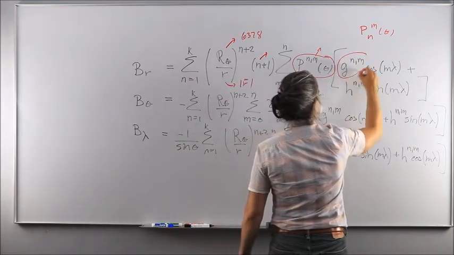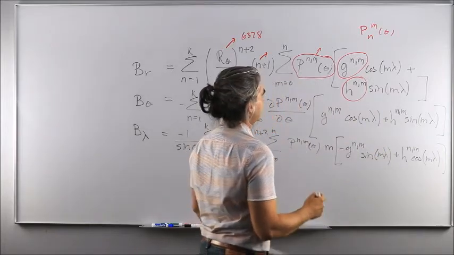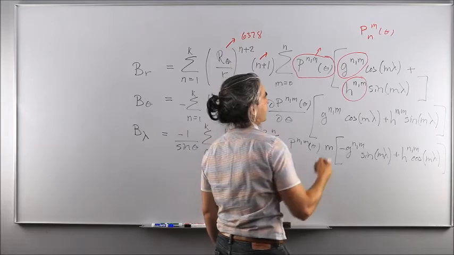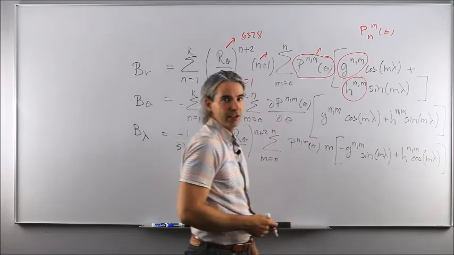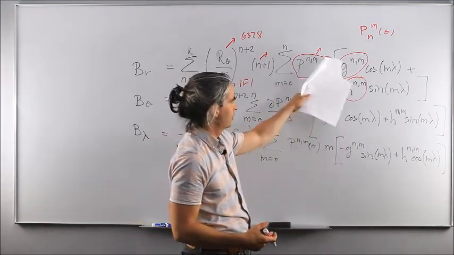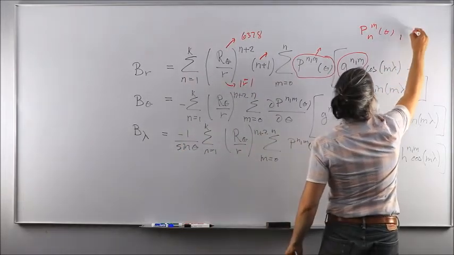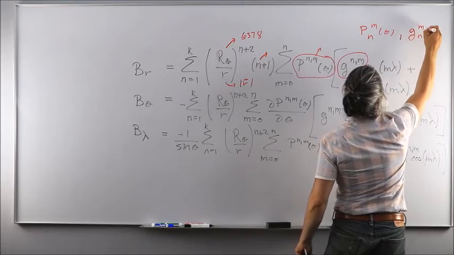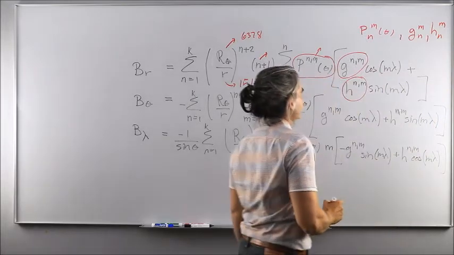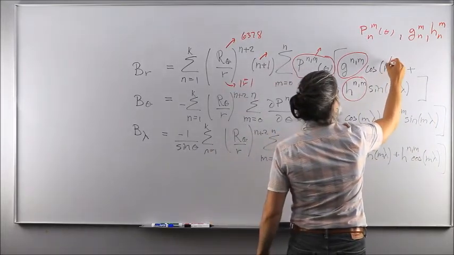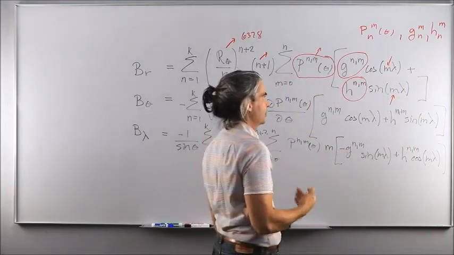Those coefficients g and h will also be obtained from the Gauss-normalized coefficients g and h, multiplied by the quasi-normalization factors S again to obtain the Schmidt normalized coefficients g_n^m and h_n^m. m is the order that we selected as a designer based on the accuracy we wanted out of this spherical harmonic model.